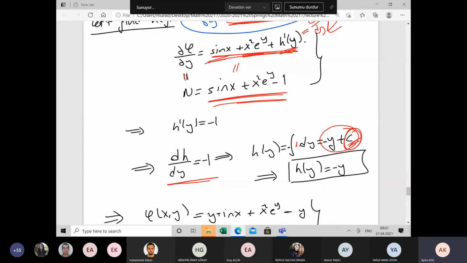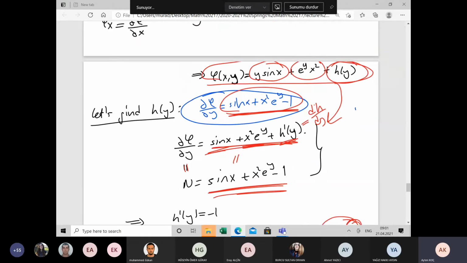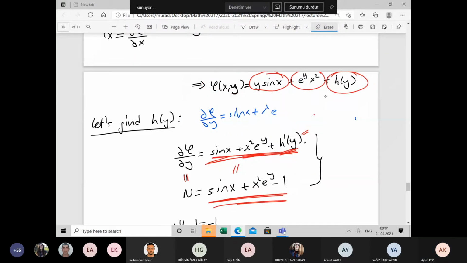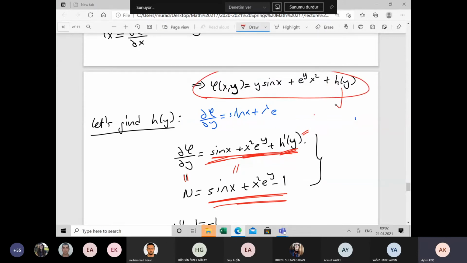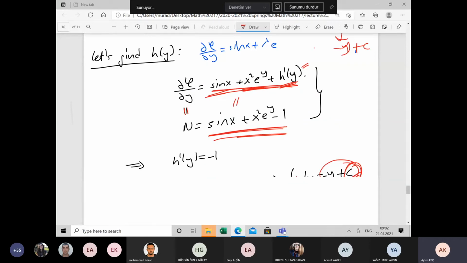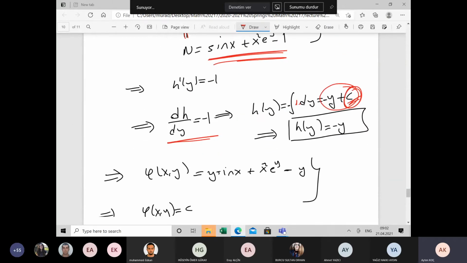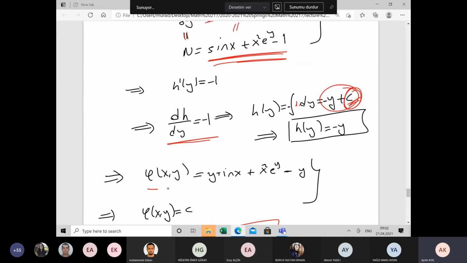What's the phi? Look at phi here. Phi is this one, and substitute h. h is minus y plus c. Substitute here. We obtain phi. Phi is this one plus c. But we can omit c.